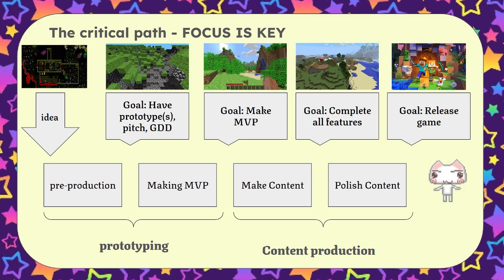Minimum viable products are often contrasted with this idea of a vertical slice. So imagine cutting through a slice of fruit, right? Everything is there, like what you would expect. So when you make a vertical slice, what you're doing is making a very, very small, very tightly focused experience on every single aspect of the game polished to a release level.